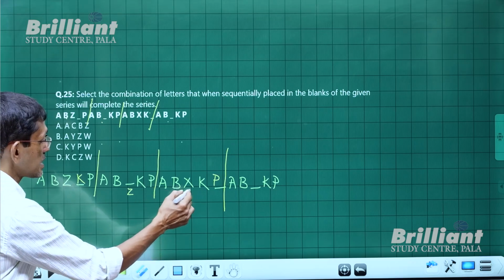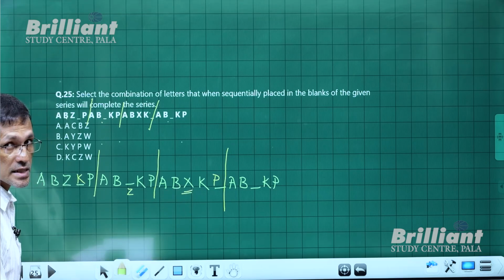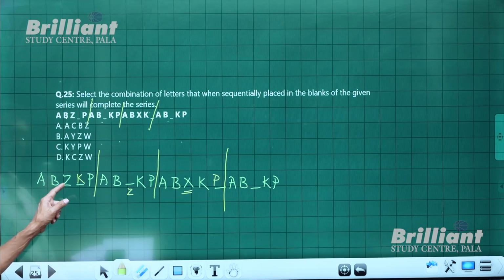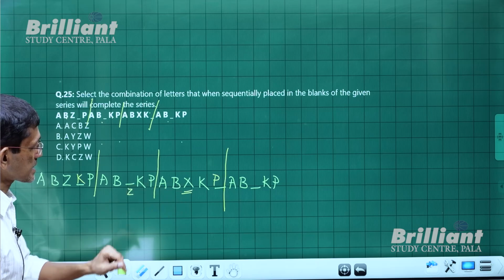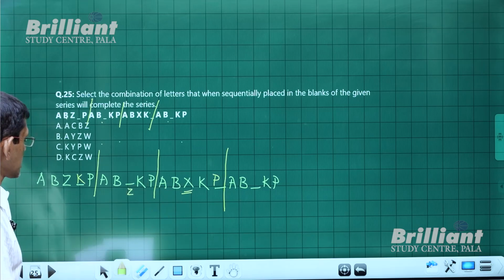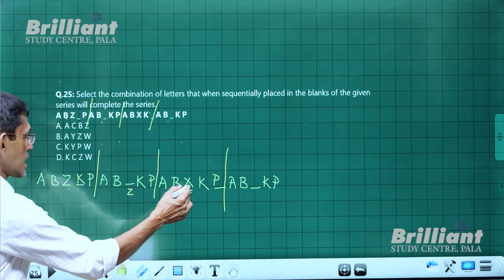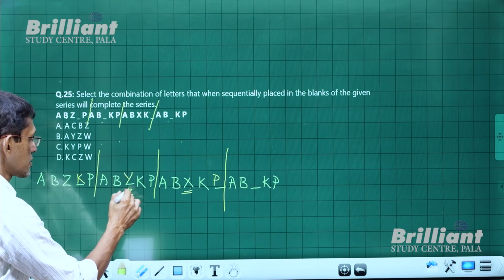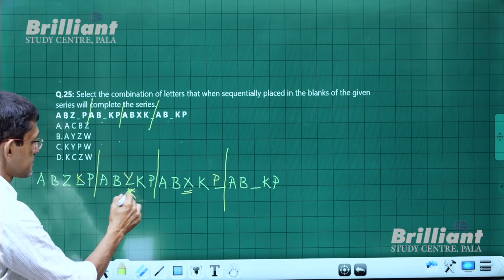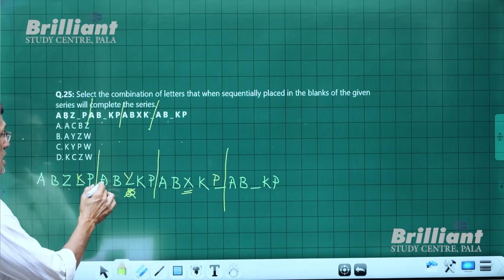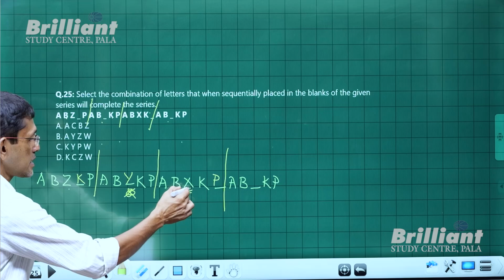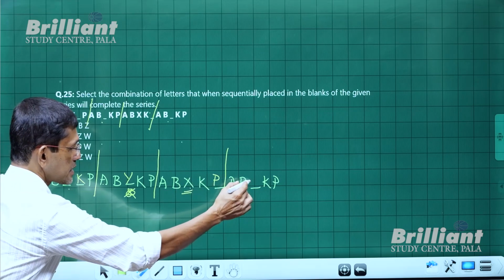And here it is ABX. Why is it X? This is ABZ, this is ABZ, and this is ABX. So if it is Z and then X, this must be Y here, not Z. So ABZKP, ABYKP, ABXKP, and AB.